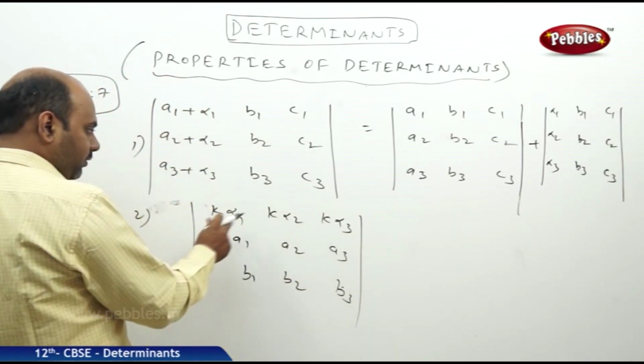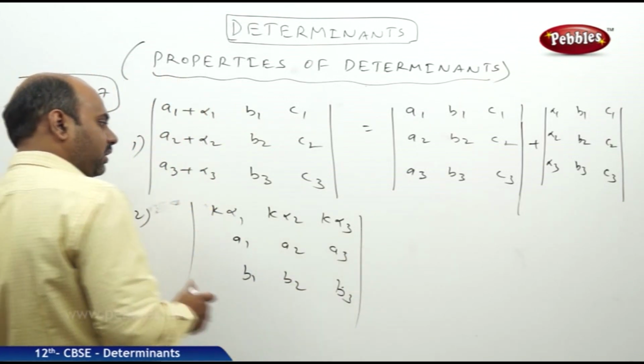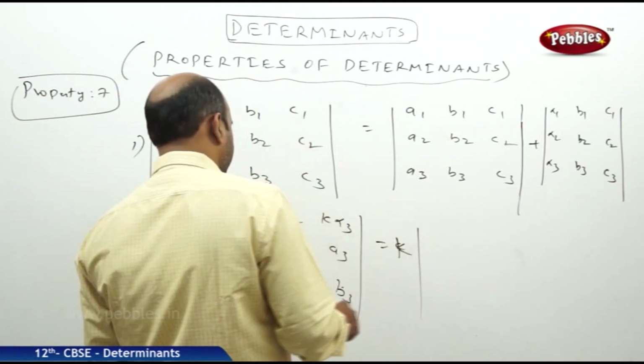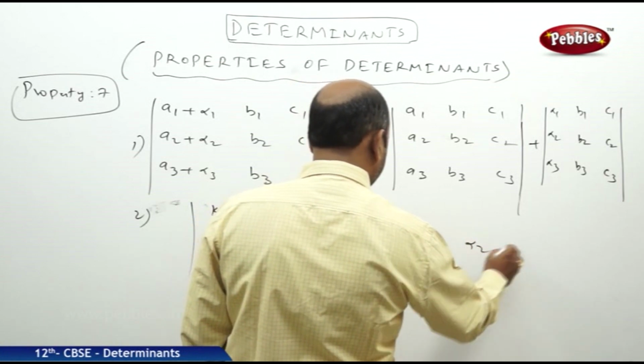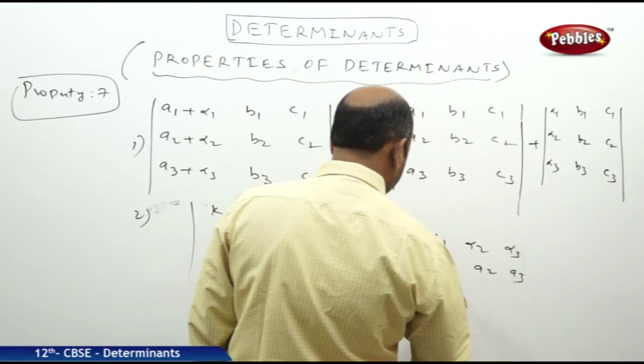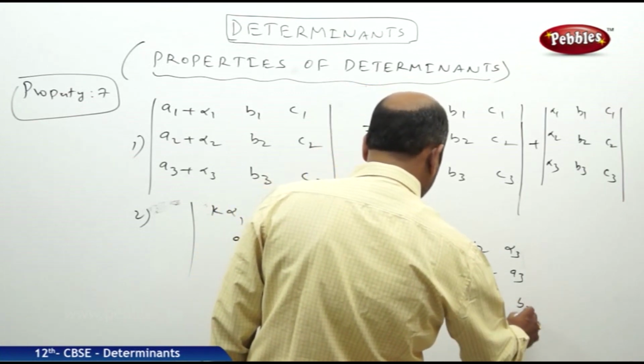That means the first row has been multiplied with a scalar k, and that k you can take outside. Then it becomes alpha 1, alpha 2, alpha 3, and A1, A2, A3, B1, B2, B3.